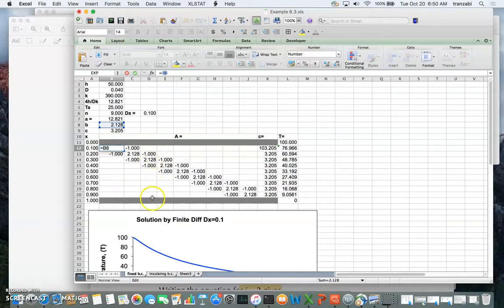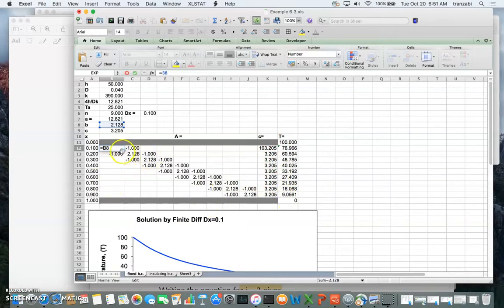Third column is the coefficient for T3, all the way to the end, where I have the coefficient for T10. The last one would actually be the coefficient for T11, which is the last point, but I know that temperature, so I don't put that into this matrix.